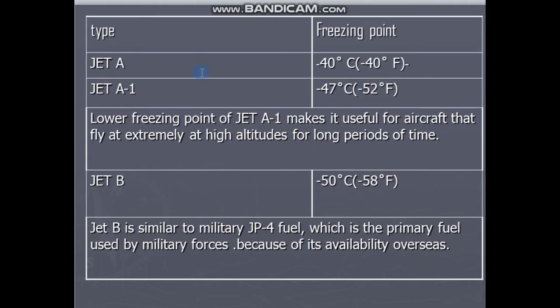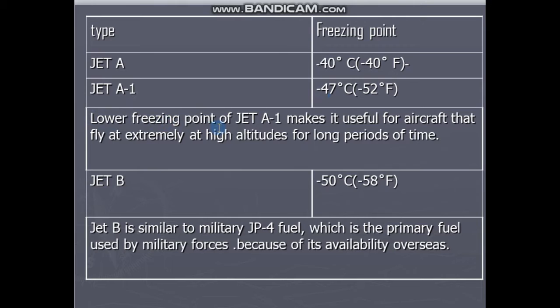Here we have the types of turbine fuel, and here we have the freezing point. Jet A has a freezing point of minus 40 Celsius, and Jet A-1 has a freezing point of minus 47 Celsius.